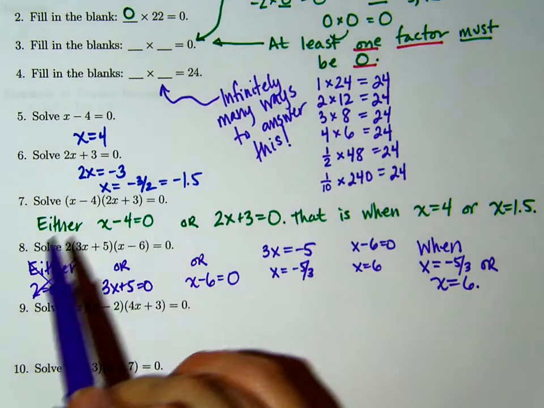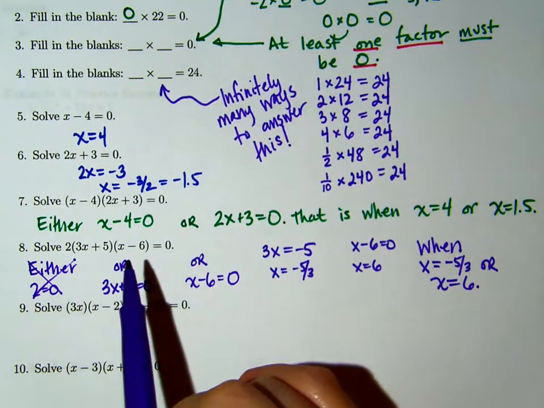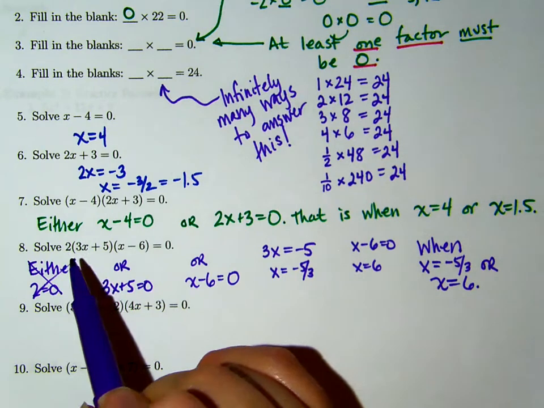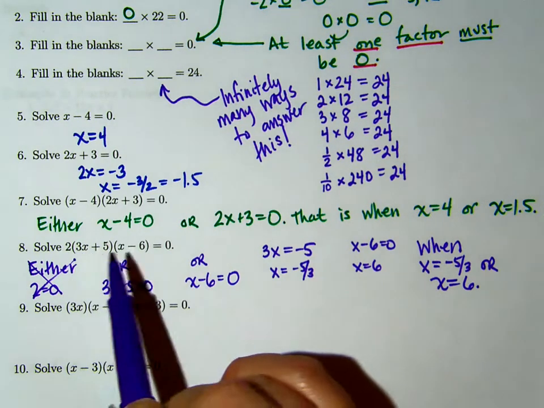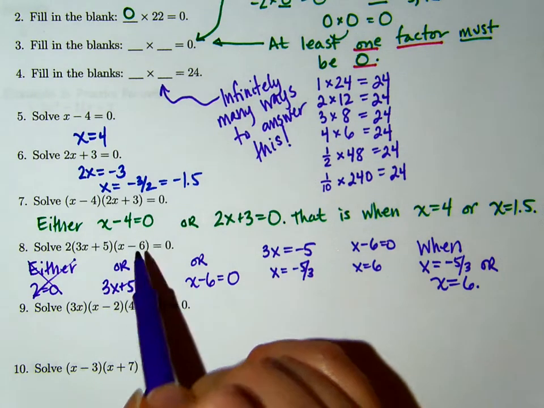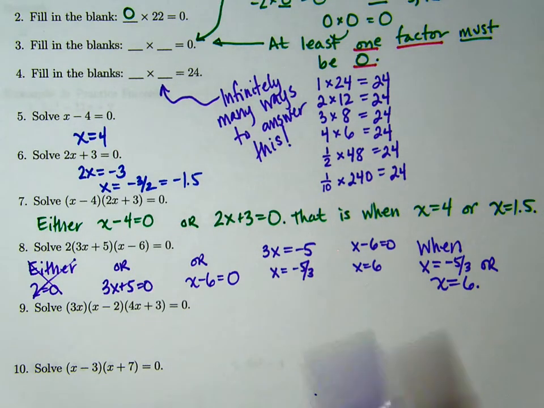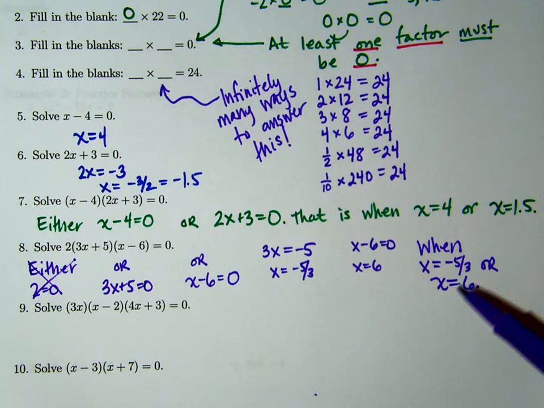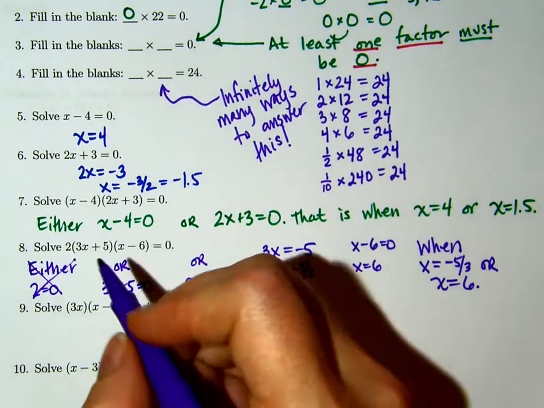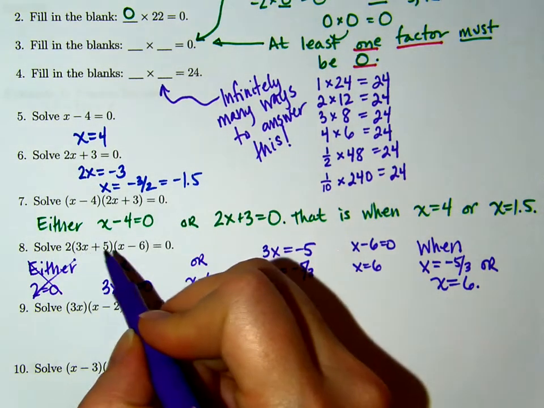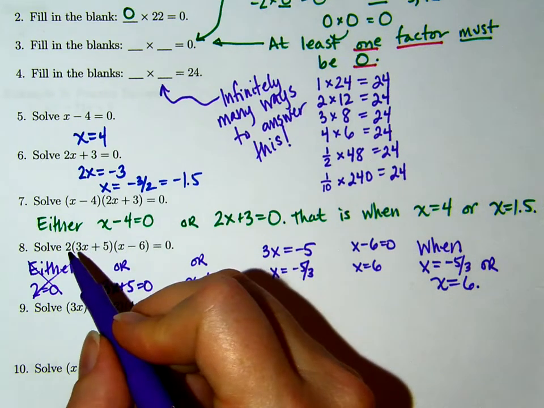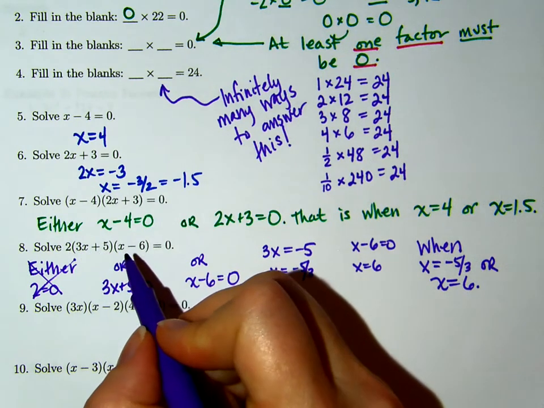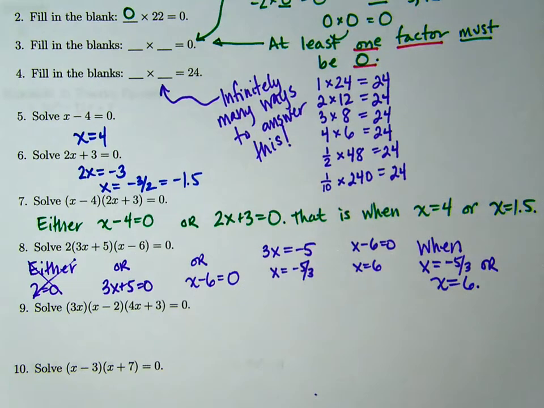So in order to solve this equation, we knew that either 2 had to be 0, 3x plus 5 had to be 0, or x minus 6 had to be 0. So if we were to plug in x equals 6, we would have 2 times, 18 plus 5, I think that's 23. We'd have 2 times 23 times 0, which equals 0.